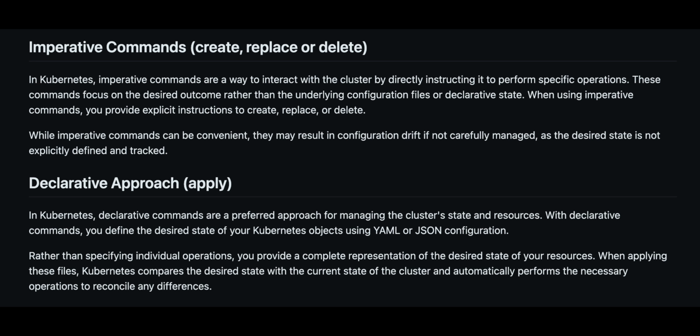Rather than specifying individual operations, you provide a complete representation of the desired state of your resources. When applying these files, Kubernetes compares the desired state with the current state of the cluster and automatically performs the necessary operations to reconcile any differences. I hope it is clear what the difference is between imperative and declarative commands in Kubernetes.